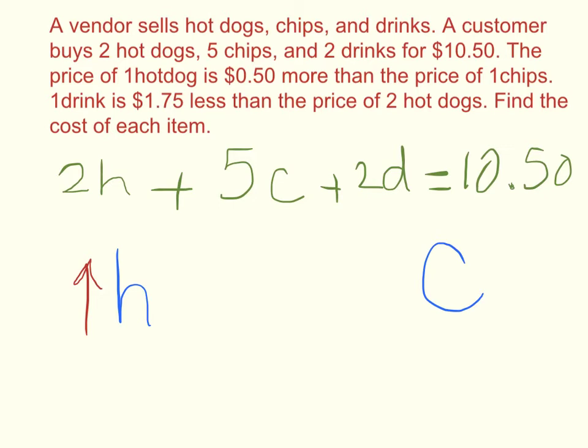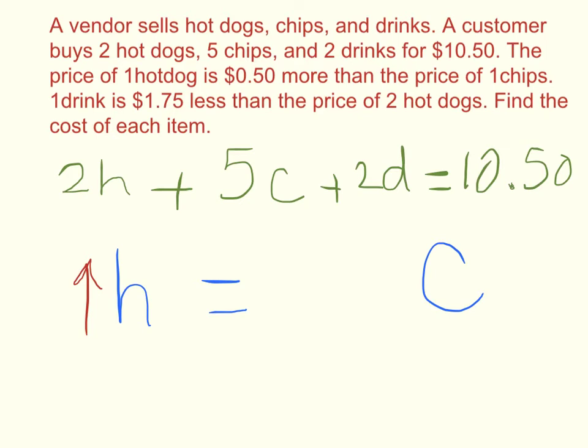It's more expensive. Now, my equation must include an equal sign. That equal sign was not given in the problem. The sentence says more, it didn't say equal. Now we have to think, how do we make them equal?